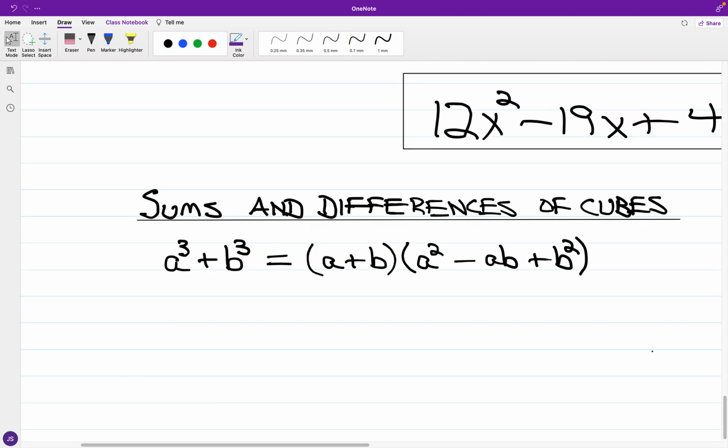Now for the sum of cubes, I'm going to use an example. Say we have an expression, let's say we have x cubed plus 64y cubed.